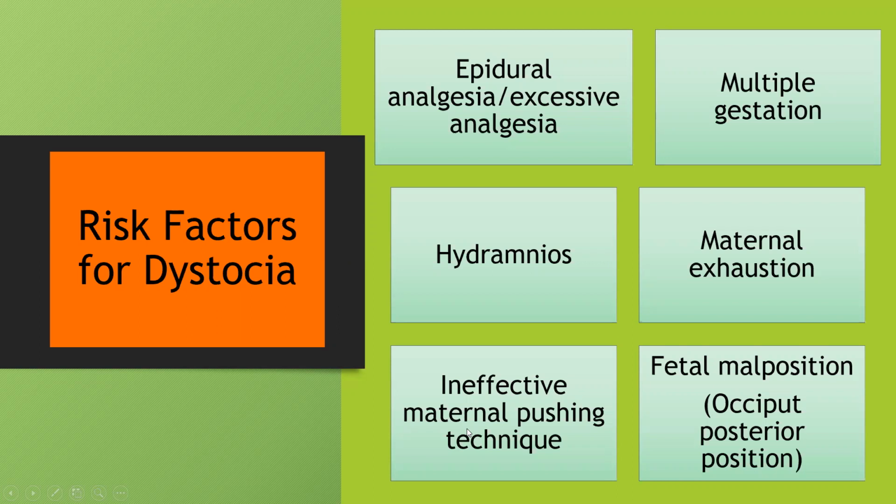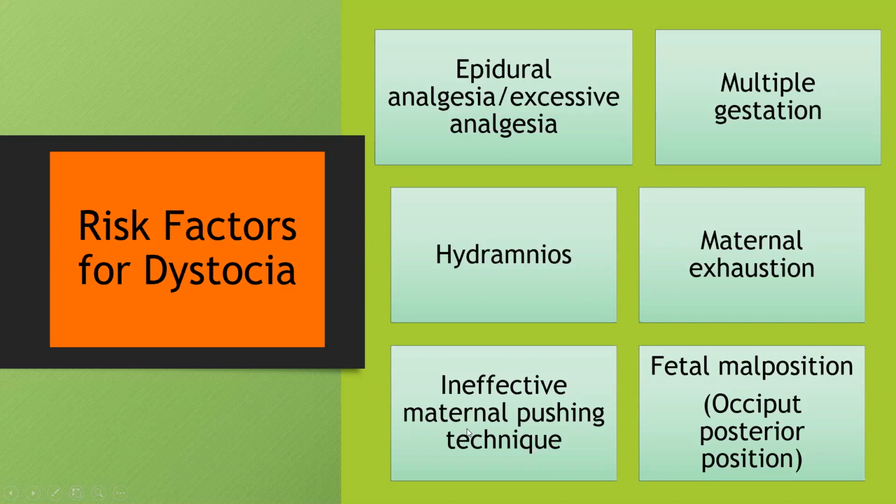Multiple gestation is a risk factor for dystocia. Having more than one baby in that uterus means that sometimes the uterus doesn't function appropriately. Hydramnios, either poly or oligo, is a risk. Maternal exhaustion, a 3-day induction and then a 12 or 24-hour labor, that can cause anyone to be exhausted, and that puts us at risk for slow or difficult labor or birth.